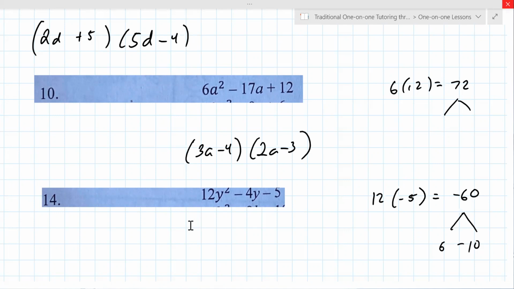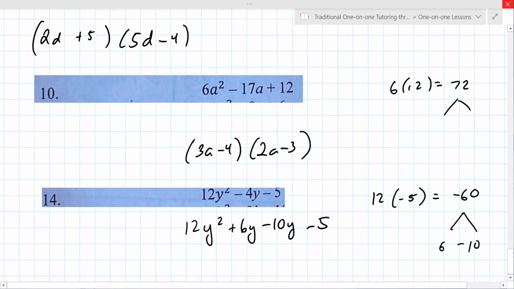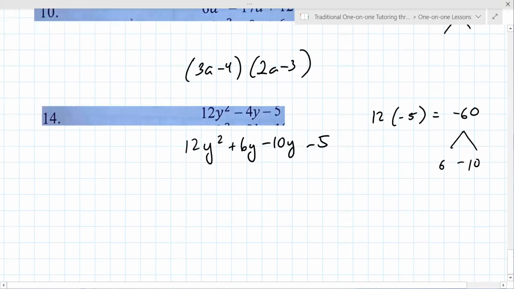You've already told me the right set of steps here. 12y squared plus 6y minus 10y minus 5. Oh, wait one second. I did a step wrong.